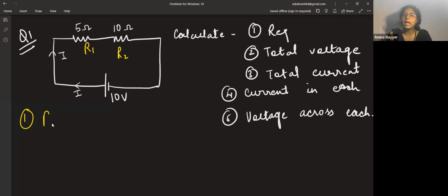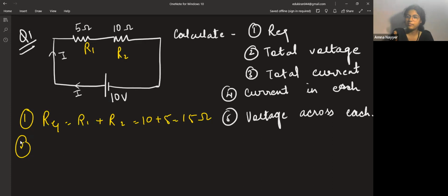When we calculate R equivalent, it will be R1 plus R2, that is 10 plus 5, which is equal to 15 ohm. This is the total resistance.